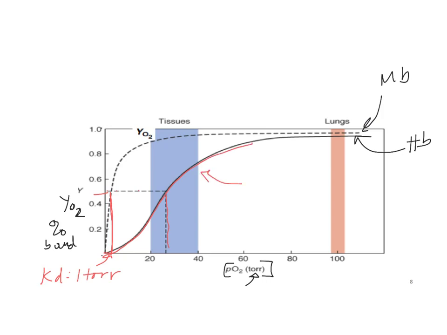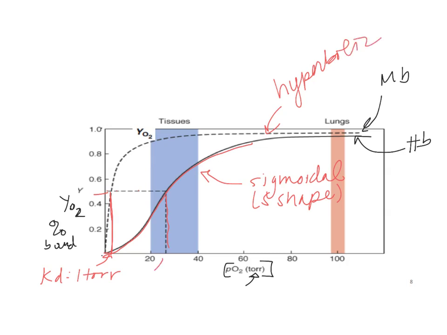That makes this graph sigmoidal. That's the S-shaped curve, whereas myoglobin's shape is hyperbolic. If we say this is approximate of a KD, I'd say that's 28 torr. So what this is telling you is that myoglobin binds oxygen way, way, way better than hemoglobin.